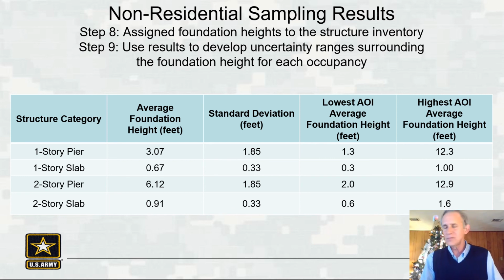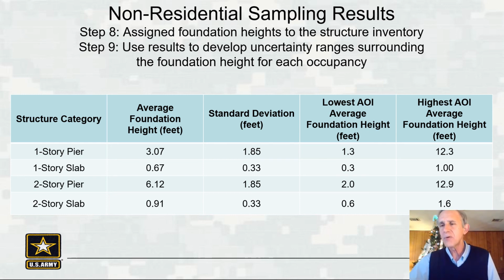We could have sampled more, but you have to look at your study funds. What do you have available? How important is this to the analysis, and how much funding do you have? Because remember, we had to do a whole damage analysis also. So we did put some funding and resources into this in order to reduce the uncertainty associated with this parameter.